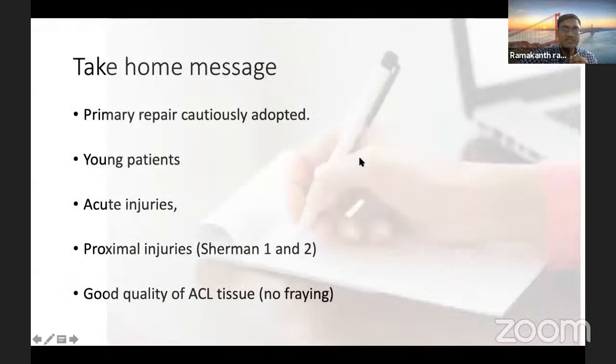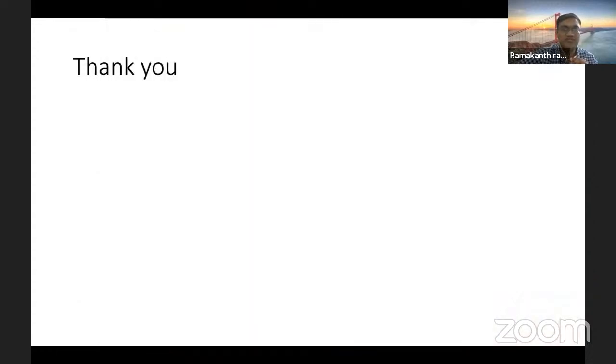So the take-home message is that primary repair can be adopted in cautiously selected patients, that is young patients, acute injury, proximal injuries, Sherman type 1 and 2 ACL tears, when you have a good sleeve of ACL tissue and there is no fraying due to injury.